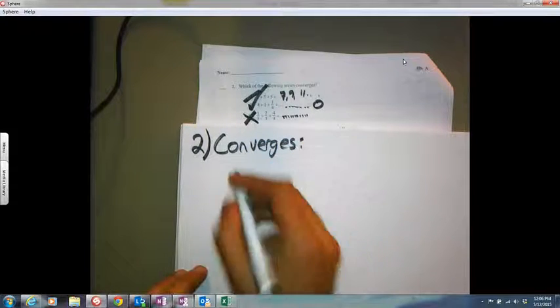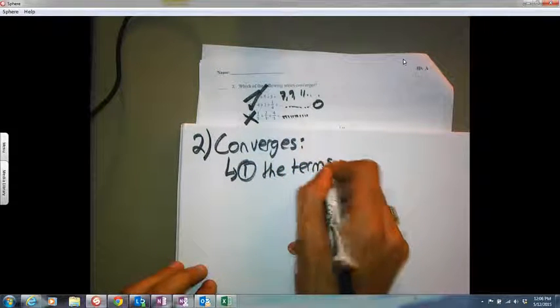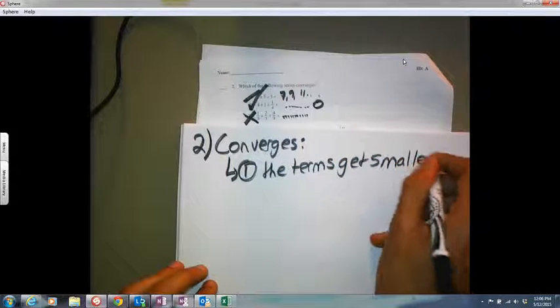I think in order to attack this problem, of course, you know what the definition of converges is. Obviously, this is old stuff. That's the whole point. Converges, really 2 things about converging that you have to know. The first one is the terms get smaller towards 0.